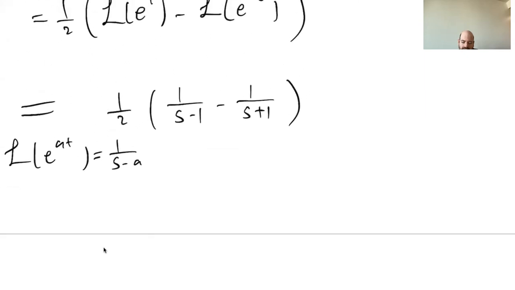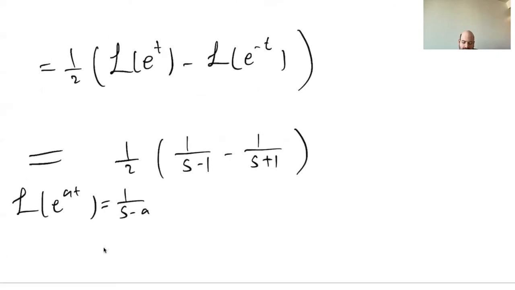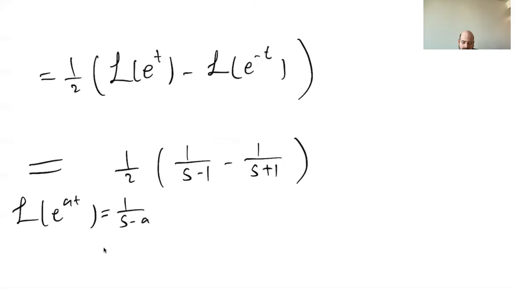And this is valid if s is bigger than a. So that means that the first will be valid for s bigger than 1, and the second will be valid for s bigger than minus 1. Both of them must be valid so that I can say that this formula is valid.